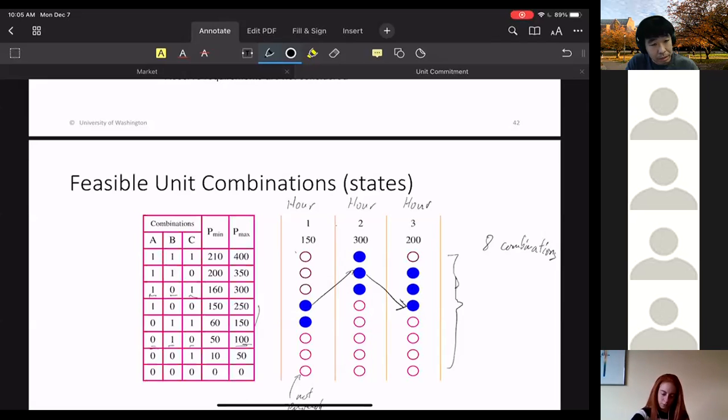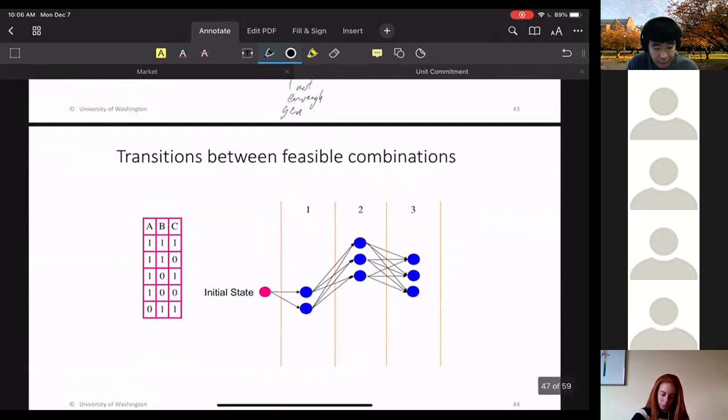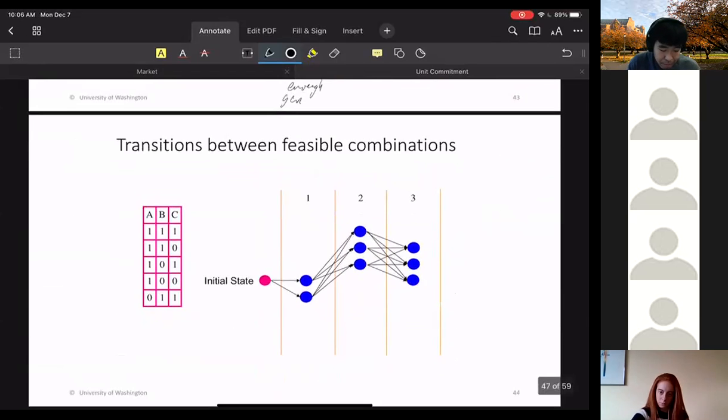So basically, there are many possible paths in this problem, right? We could be transitioning all around these paths. So our goal is basically to figure out the optimal path, to figure out the optimal combination of units. Okay?